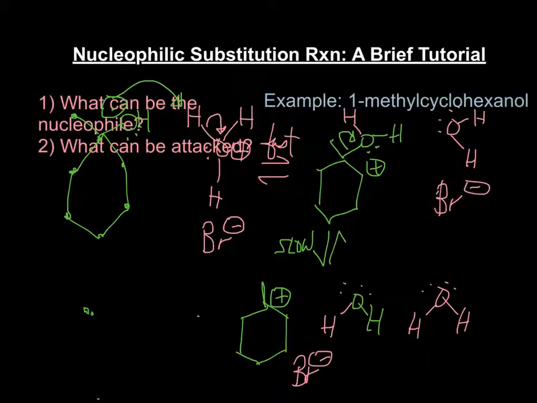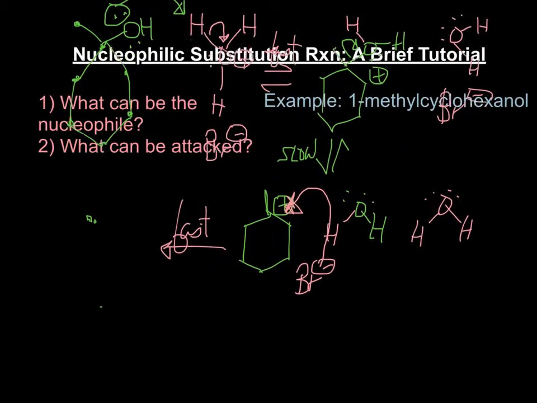So instead, the only other option we have is this bromine, because remember, it has 8 electrons around it. And so the bromine now comes in and attacks the carbocation. And in doing so, and this is a very fast reaction, we're going to form the following organic product.